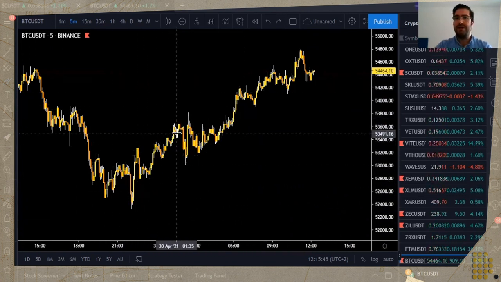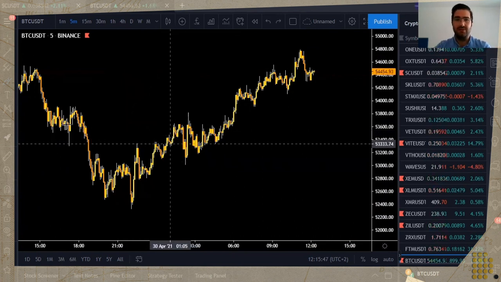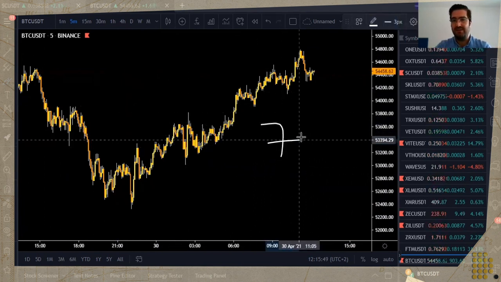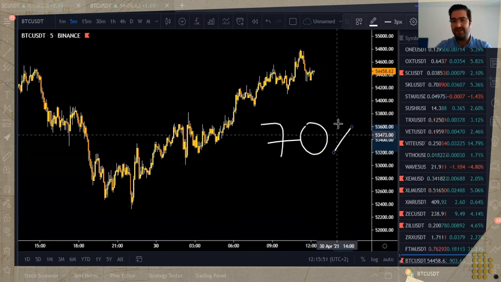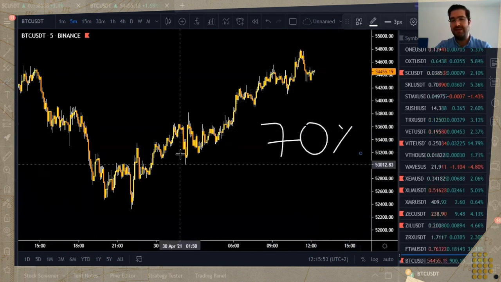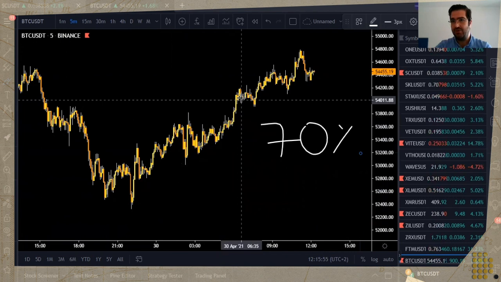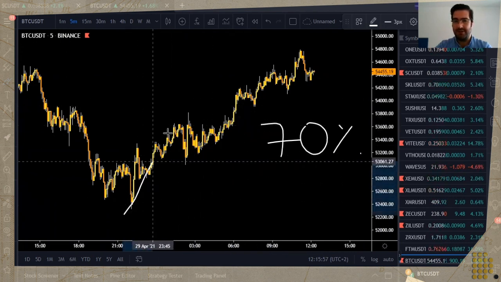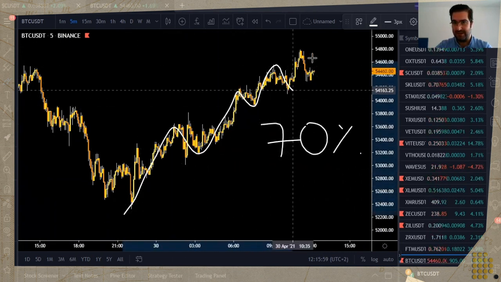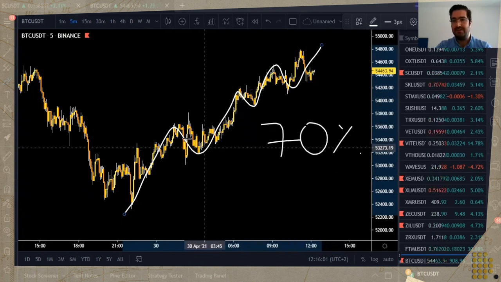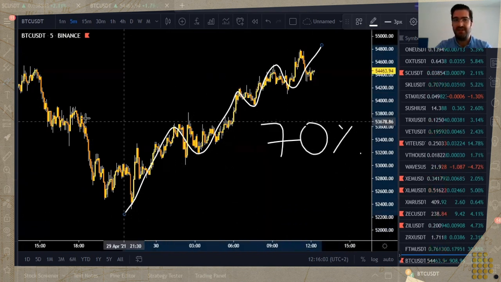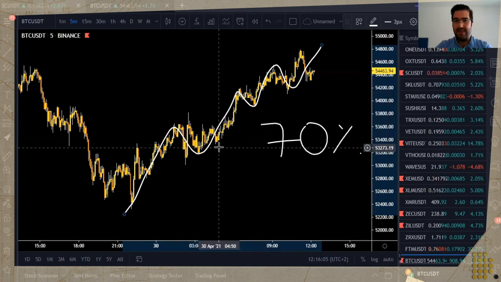So the odds are in your favor, and here we can say that it is 70% most likely for this trading idea to be a success, since you are trading with the trend, either if it was an uptrend or a downtrend.